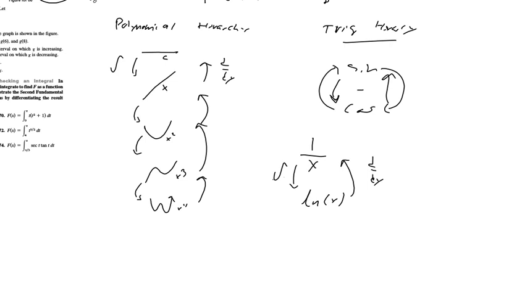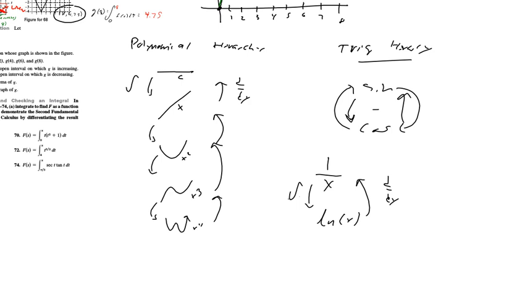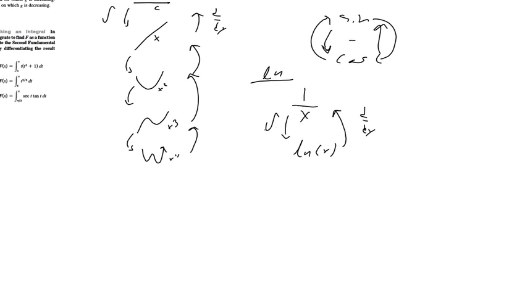So this is what you need to become intimately familiar with: the polynomial hierarchy, the trig hierarchy, ln, and the integrals and derivatives of natural logs. We know the hierarchy of e to the x. E to the x just loops on itself. Integrals and derivatives don't matter.